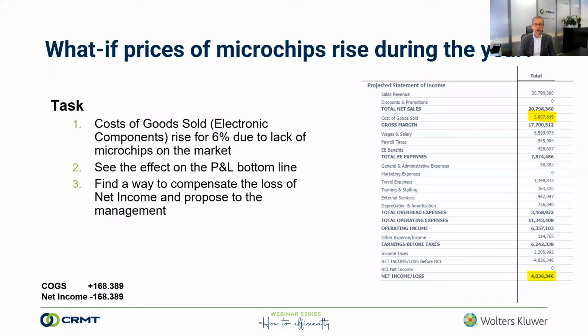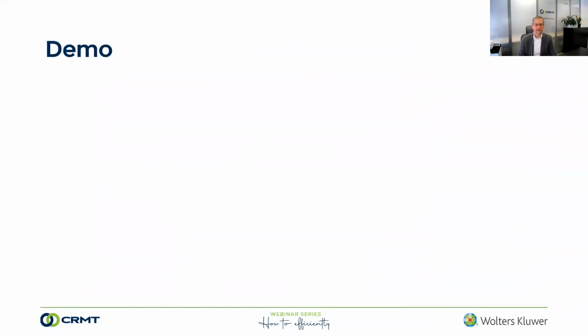What we will do, and Stefano will show you later on, is raise the COGS element in our P&L by 6% due to the lack of microchips on the market. Then we will see the effect of that change on the P&L bottom line. And of course, we will try to find a way to compensate for this imaginary loss of net income and make a proposal or recommendation to the management. Okay, Stefano?